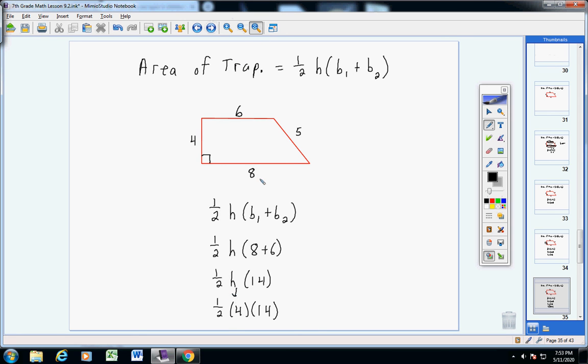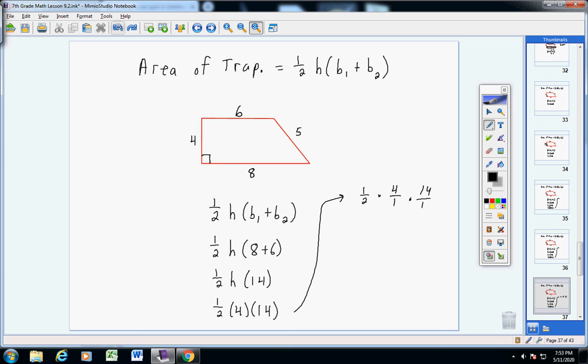Okay, so now let's bring all this up here. Let's do a little work. So I have 1/2 times 4 over 1 times 14 over 1. Now guys, look, if you want to cancel the 2 into 4, that's totally fine. You'll get the exact same answer. For me, whenever I can reduce or shrink down the bigger number, that's what I like to do.